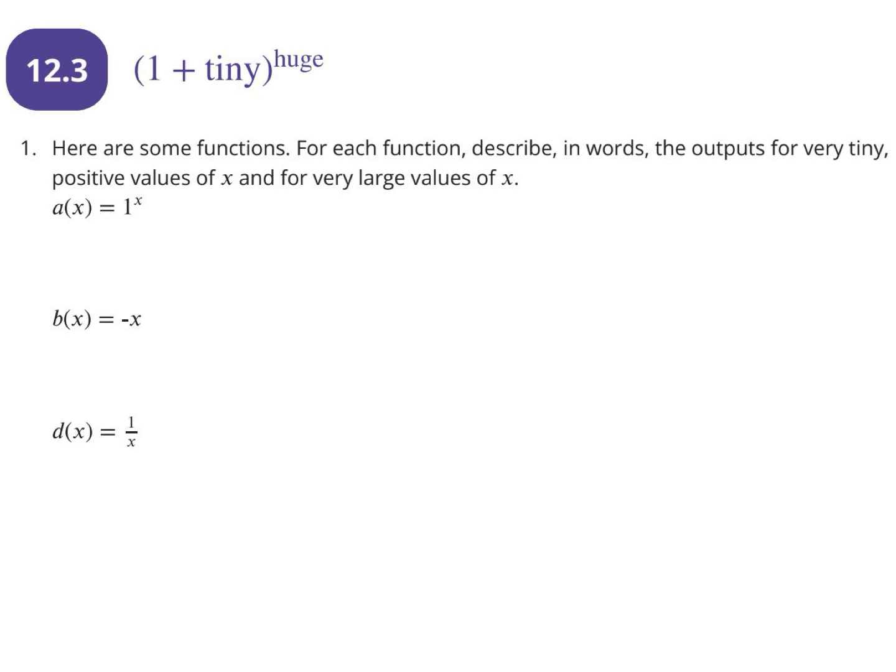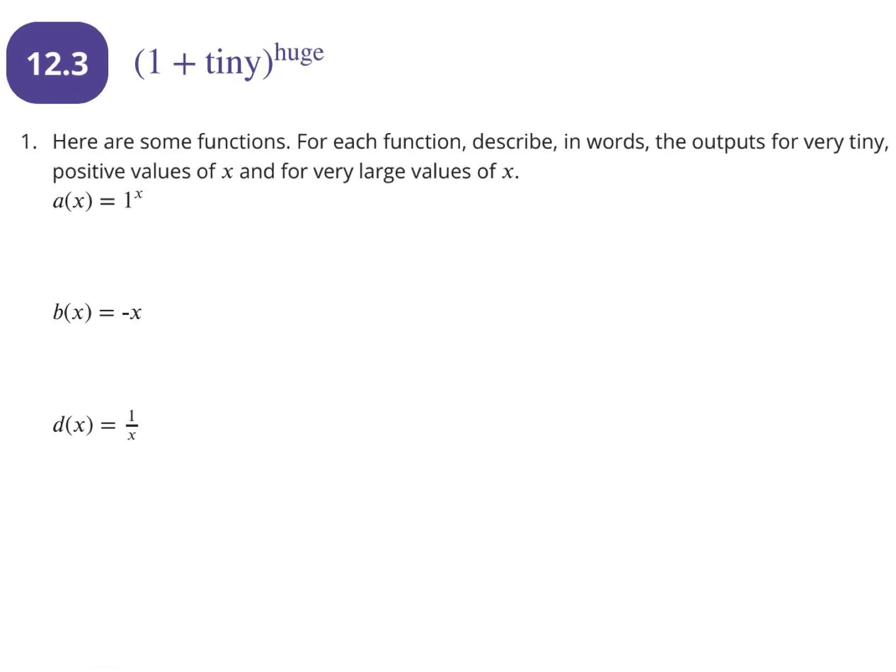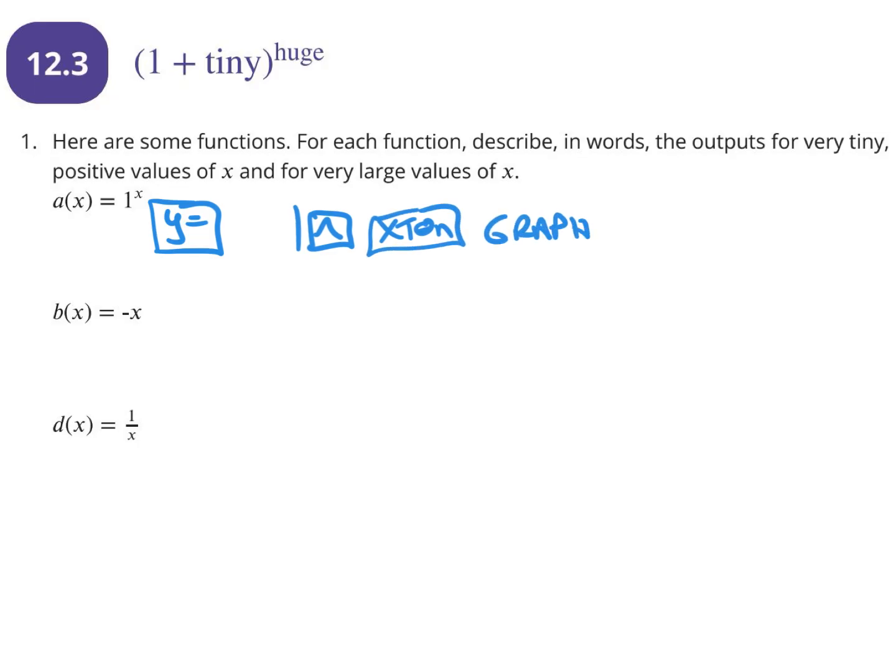Okay, here are some functions for each description. For each function described, now we're going to graph these. So we're going to put these into y equals and see what we get out. Now, when we hit y equals 1 caret x, and hit graph, you're going to see a horizontal line, which tells you that 1 to the x is a constant function.